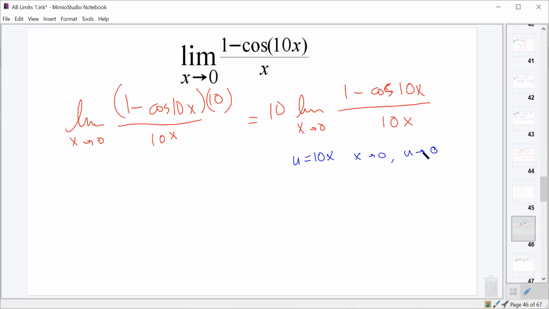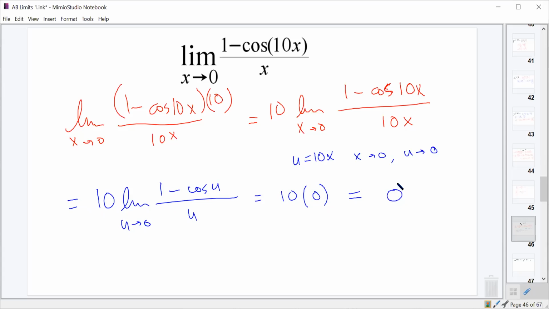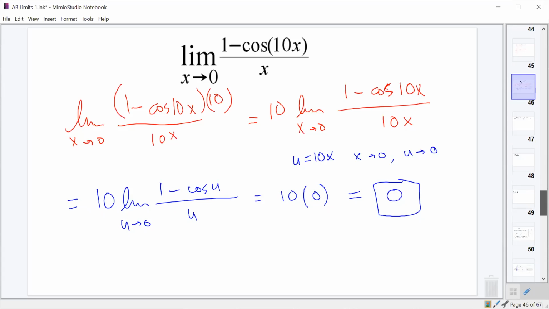So this can become 10 times the limit as U approaches 0 of 1 minus cosine U over U. And just like with the sine x over x ones, we can always turn these into the U subbed limit, so you don't need to write them out anymore. That one just becomes 0. Good or no?